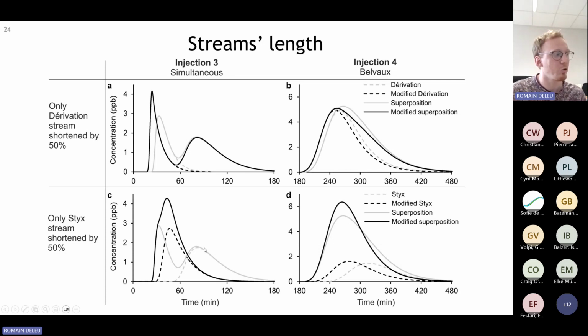So that means that the two peaks become simultaneous. So we do not have a double peak anymore, but rather one single peak combining the two curves together because they arrive almost at the same time at the outlet. And for injection 4, the stream length doesn't change that much. It changes a bit the shape of the curve at the outlet, but it's still one single peak.